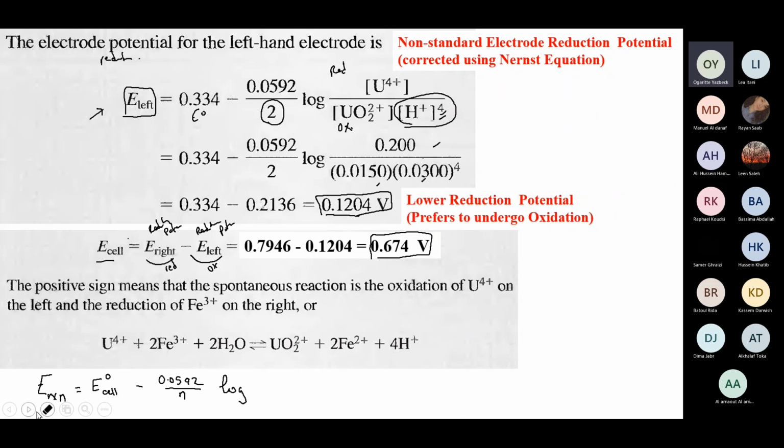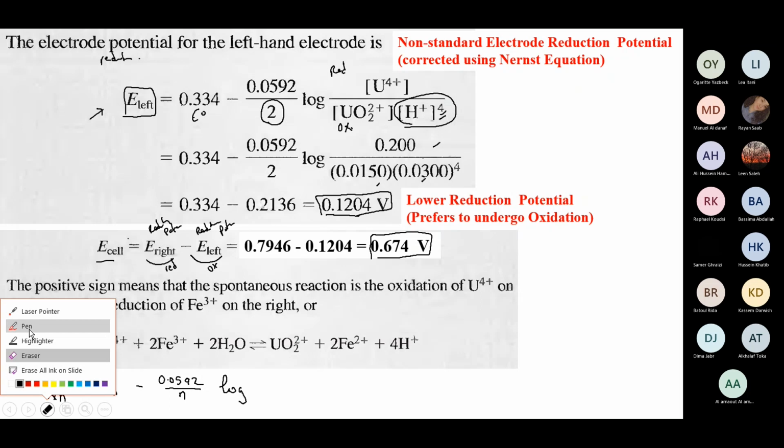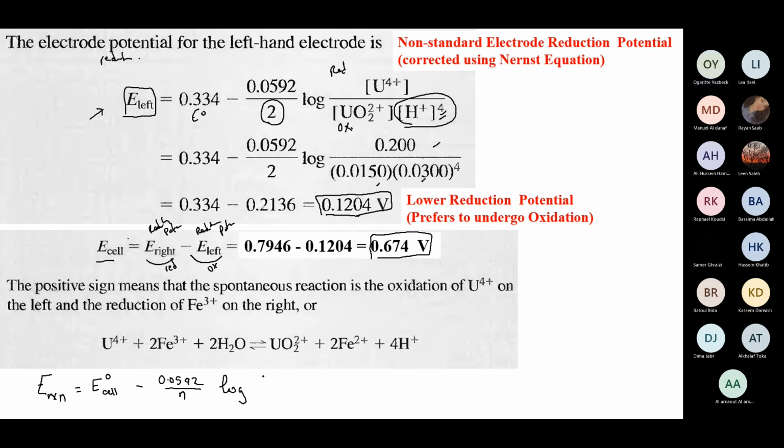So we have concentration UO2 2 plus, concentration Fe2 plus squared, concentration H plus to the power 4, U4 plus, and Fe3 plus squared.